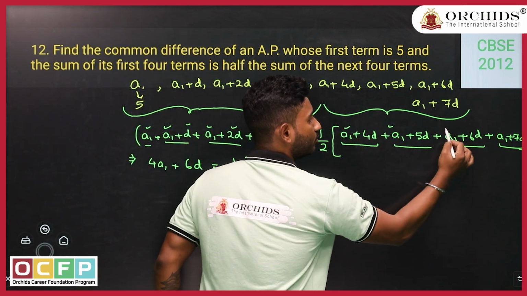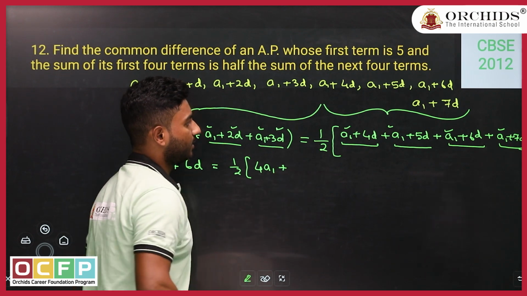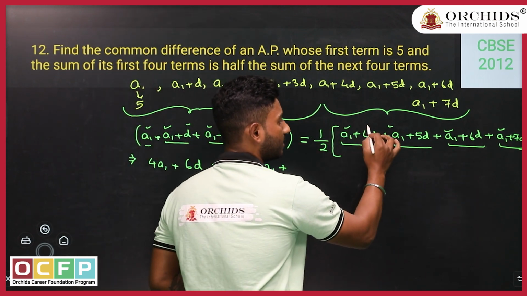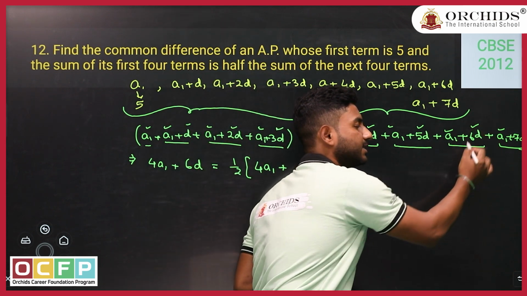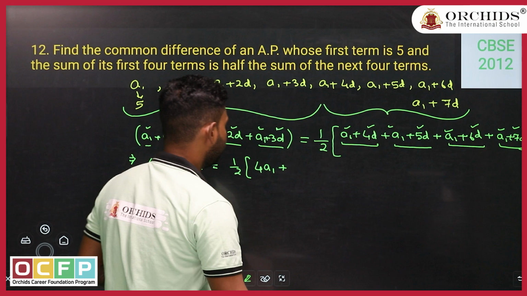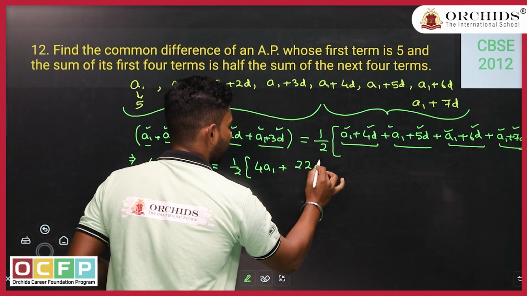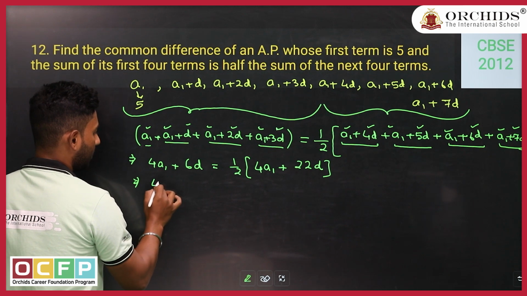Again 1, 2, 3, 4. So 4A1 plus, just check the D part, 4D plus 5D, 9D, 9D plus 6D, 15, 15 plus 7, 22D.